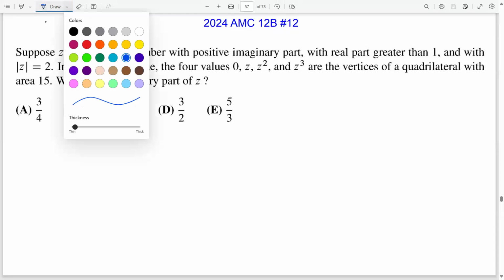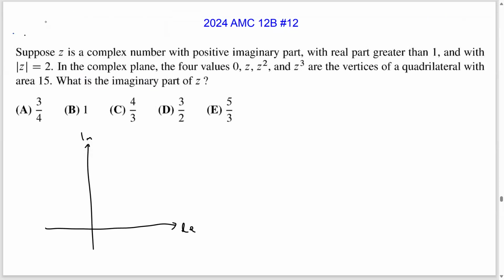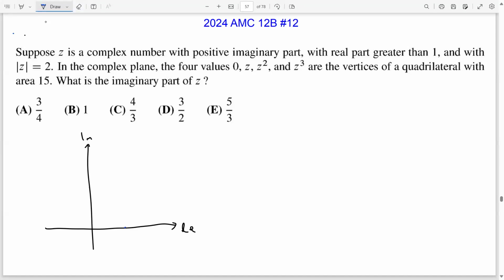So first let's draw out the complex plane and sketch the points to see what we're dealing with. So we're given that the magnitude of z is 2. This is going to imply that z is going to lie somewhere on this circle of radius 2, centered at the origin.